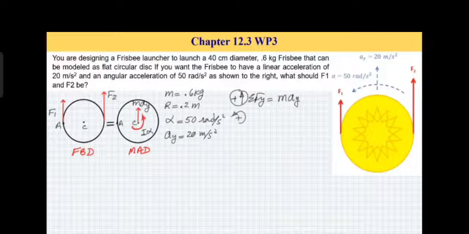Another equation, taking counterclockwise to be positive, is that the moment of all vectors about any point such as A on the free body diagram must be the same as the moment of all vectors about the same point on the mass acceleration diagram. If we are looking for force 1 and force 2, in a mathematical point of view, we need 2 equations for 2 unknowns.